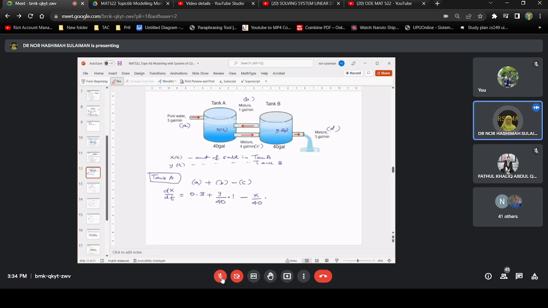Okay, what's its rate? Yes, 4. Okay, are there any other sources? There are none, that's all, right? Okay, so just simplify. So we have 1 over 40 Y minus 1 over 10 X.